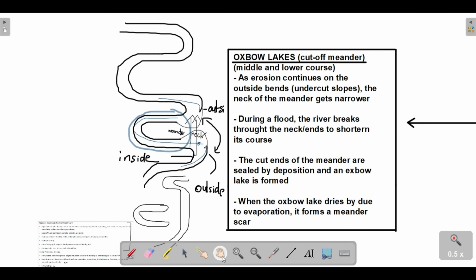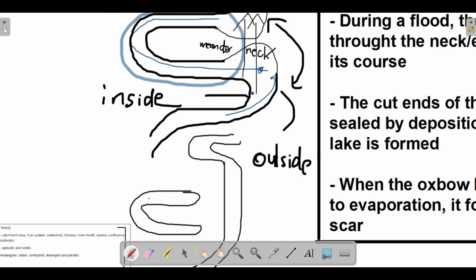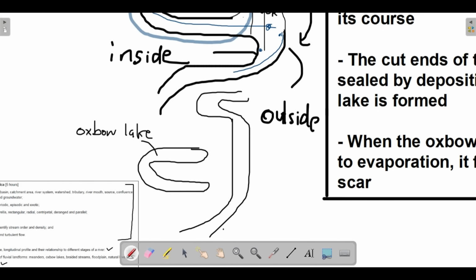That's how it forms. So this cut off meander that is now separated or disconnected or cut off from the river system is what we call an Oxbow Lake. Okay, so when it has water, then we call it an Oxbow Lake.